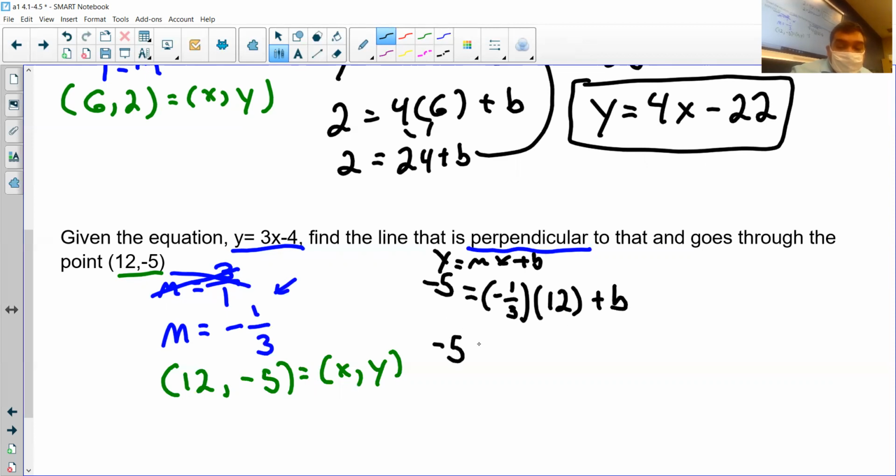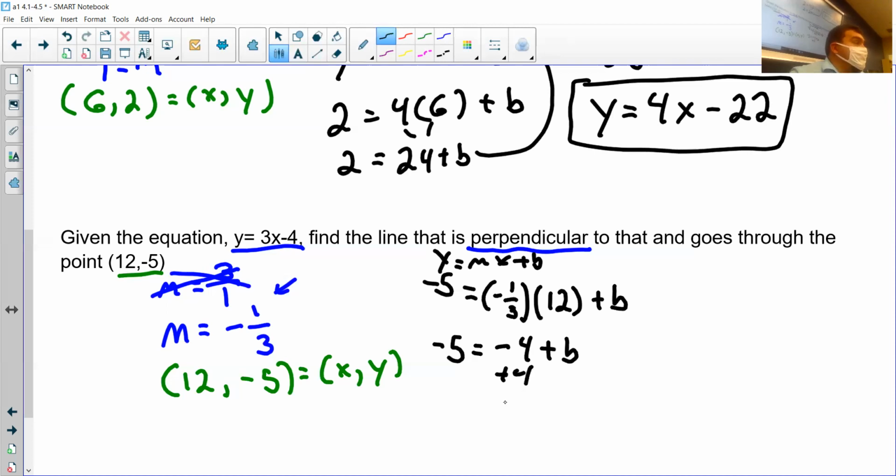It's fine if you use a calculator, but make sure you don't leave a repeating decimal, especially if it's a whole number. Here, it would be -4 plus b. 12 divided by -3 is -4.